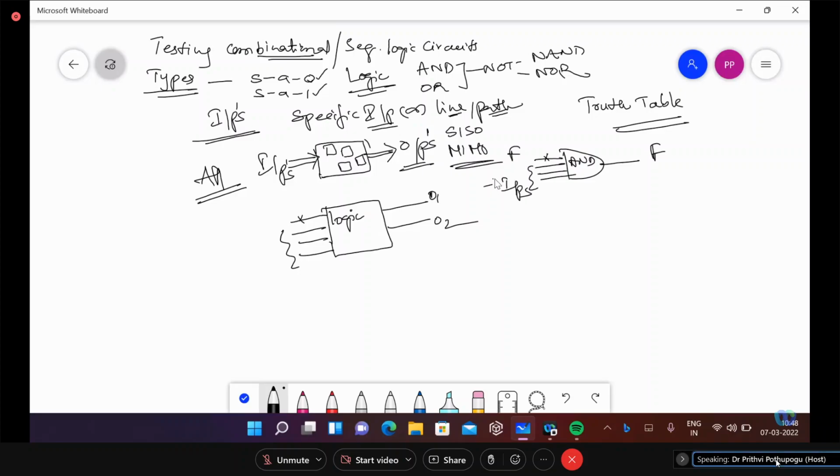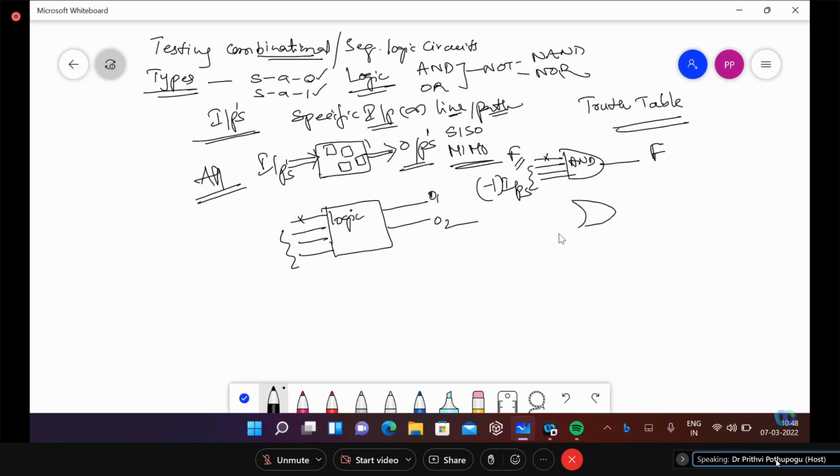Yes or no? If any one of the inputs is false, we don't need to wait, because false has priority and will influence the output directly. It will derive the fault, whatever may be the other inputs.